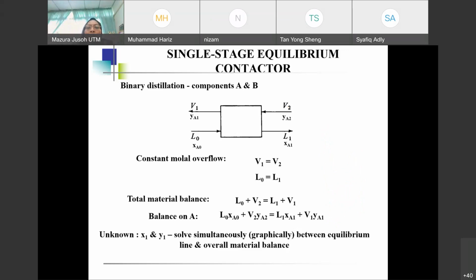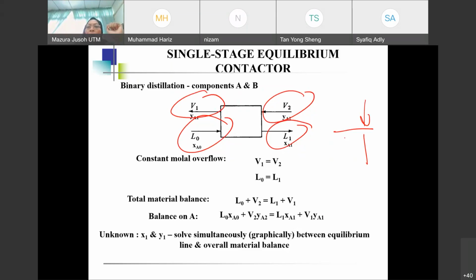So this is 2 inputs and 2 outputs of the tray. Imagine the tray being arranged vertically like this, and all your liquid coming down and your vapor going up. So you have 2 inputs.